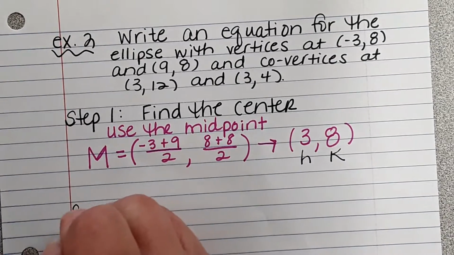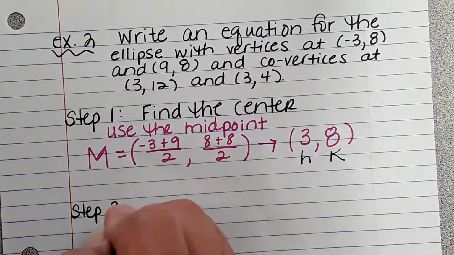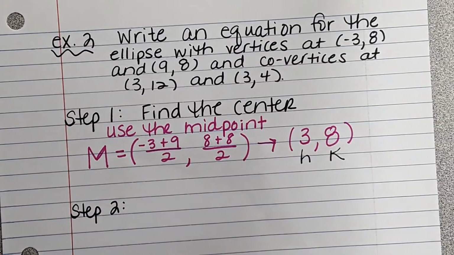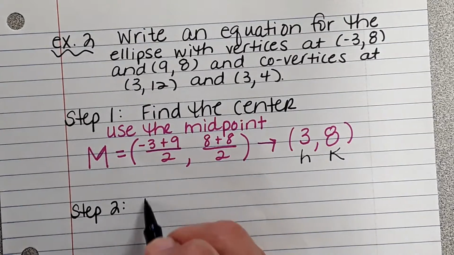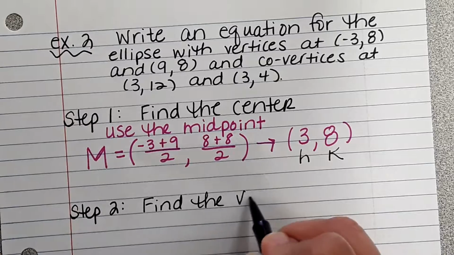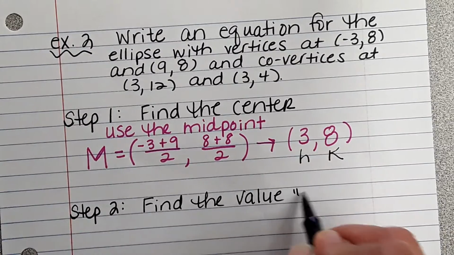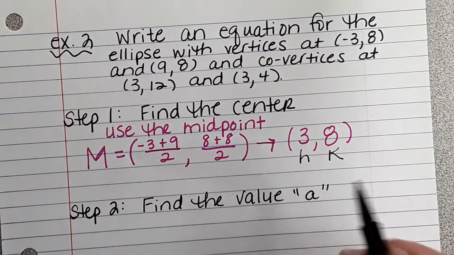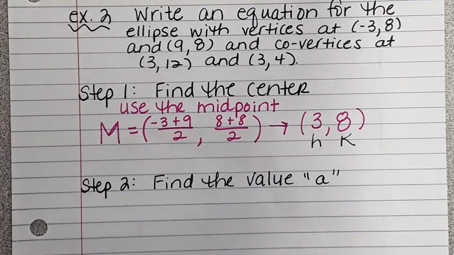Okay. Step 2. So yesterday in example 1, we did the same thing. Find the center. We used the midpoint, the same thing. Now yesterday our center was (0, 0). Today our center is (3, 8). Step 2 is find the value of A. These are the steps that you have to follow so that when you write this equation, this is what you have to do.